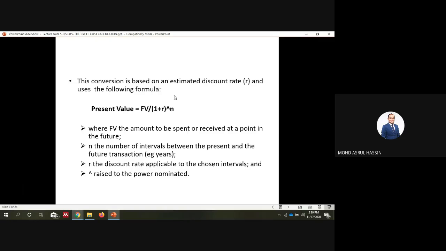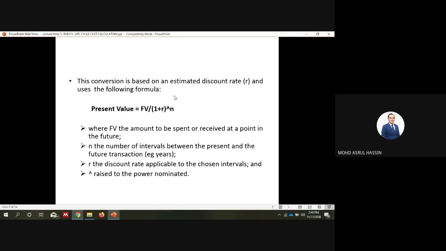This conversion is based on an estimated discount rate R and uses the formula. Present value PV equals FV, where FV is the amount to be spent or received at a point in the future, divided by 1 plus R. 1 plus R is the discount rate applicable to the chosen interval, and n is the number of intervals between the present and the future transactions, which means the year.